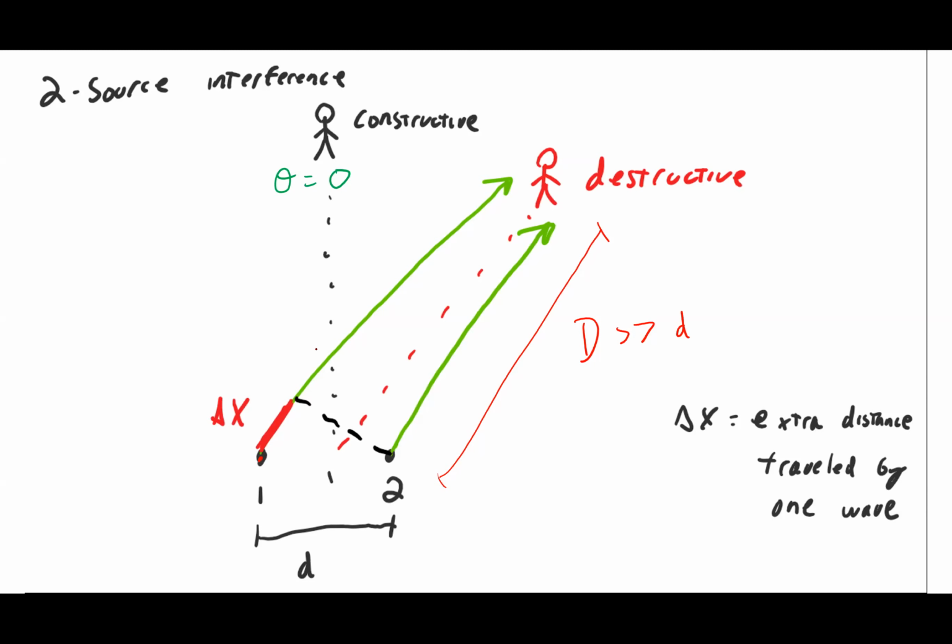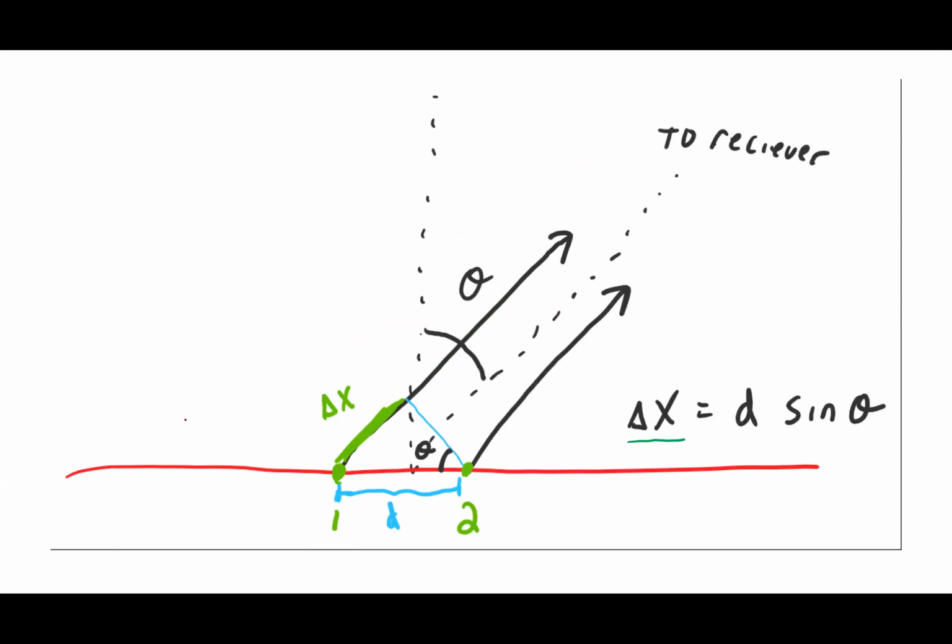If these two lines are parallel, I can think about drawing basically a right triangle here in order to calculate the path difference in terms of the angle. And so that's what I want. I want to identify what angles are going to give me constructive and destructive interference.